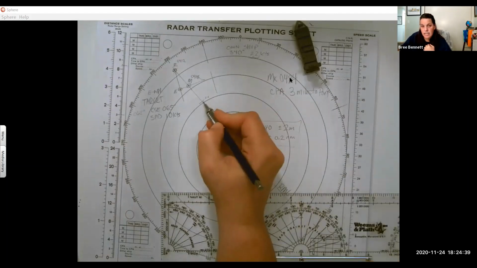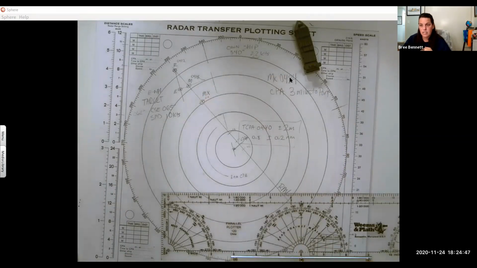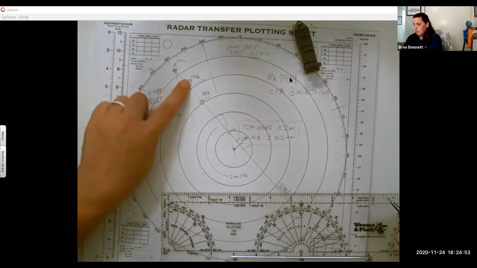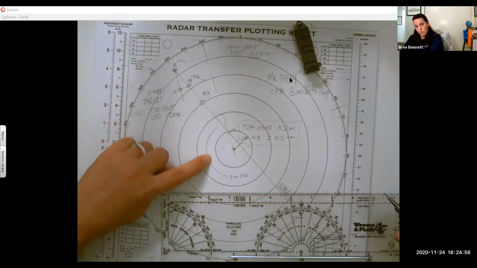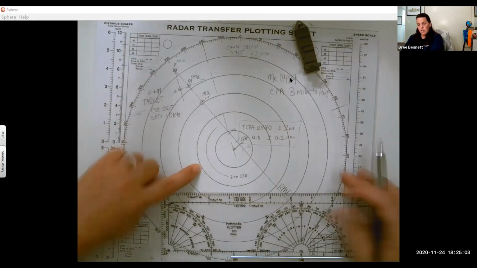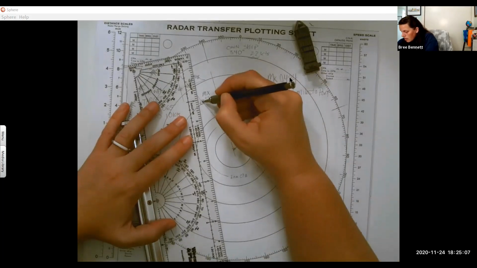And then here I already have my minute 24. So this is going to be my MX. That's going to be my point of execution. So I want my relative motion line continuing on here. Then when he gets to minute 24, I want that relative motion line to go to the 3 mile CPA. So we're going to draw in that new relative motion line.